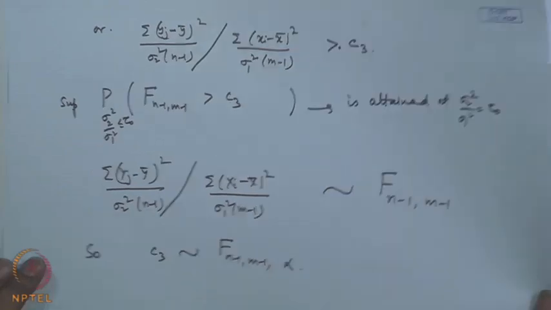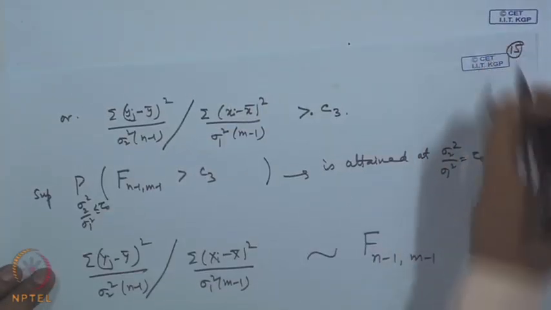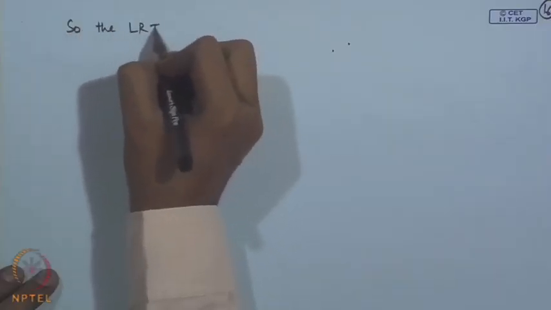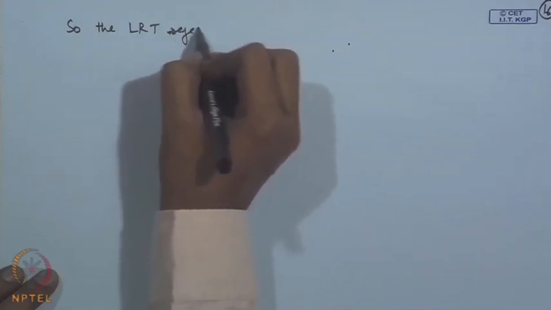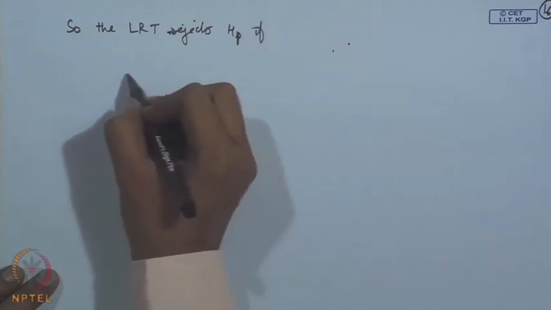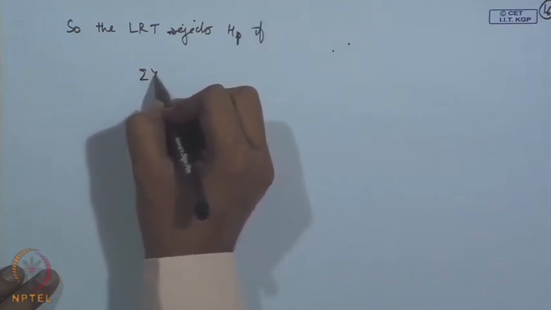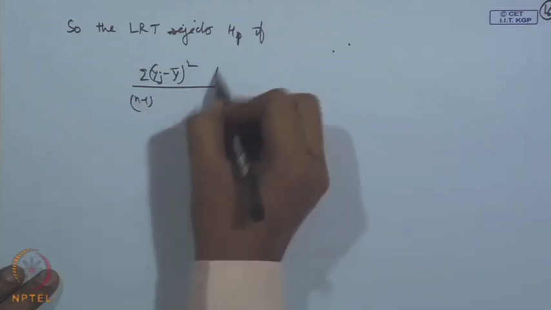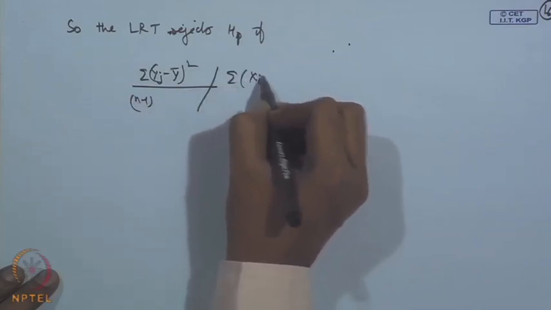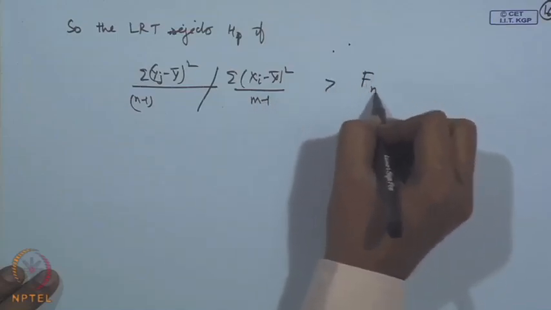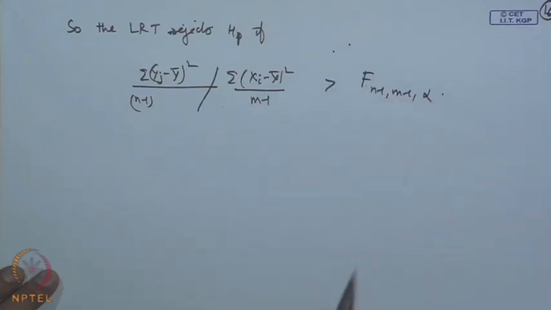So, the test is: the likelihood ratio test rejects H naught in favour of H 1 if sigma (y_j minus y bar) square divided by (n minus 1), divided by sigma (x_i minus x bar) whole square divided by (m minus 1), is greater than F(n minus 1, m minus 1, alpha).